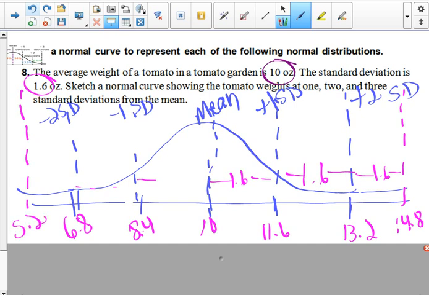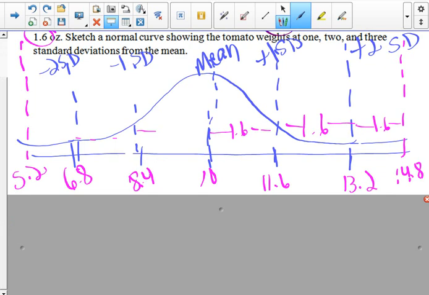That's correct. See how easy that stuff is? Any questions on this? So once you get the mean and the standard deviation, you can calculate these values very easily.